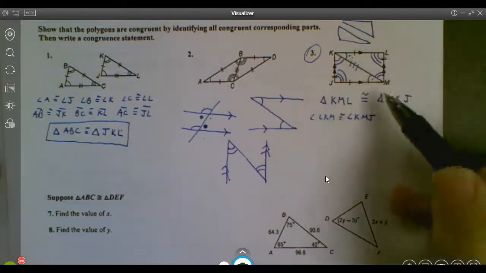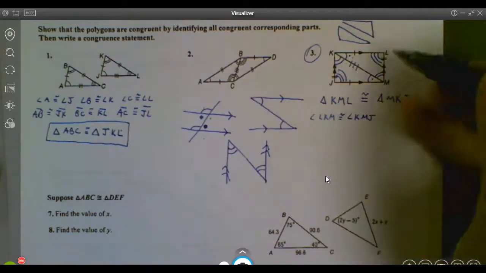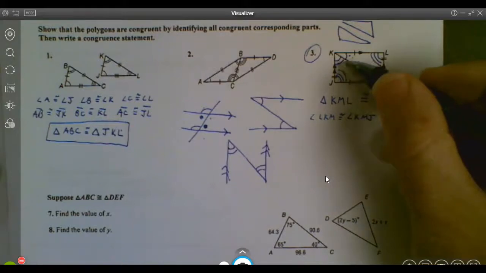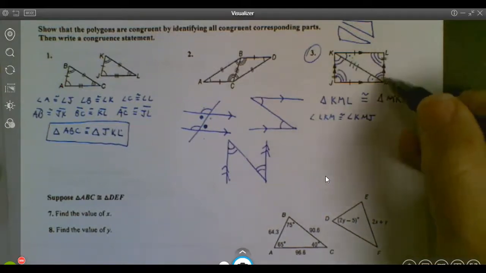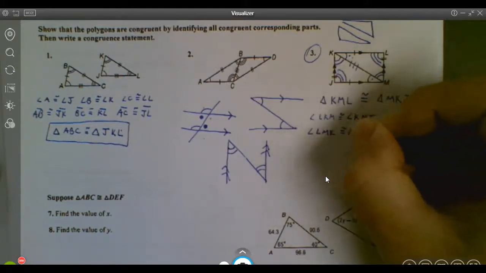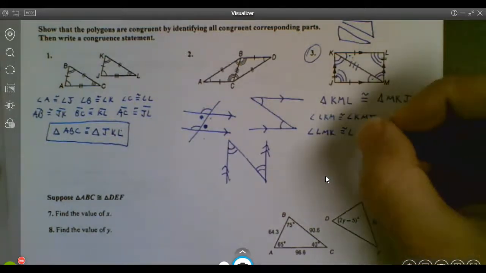And now let me look at this middle one. So M on the upper one with K on the bottom one. So I got M on the upper one, that's the double marks, going with those double marks. So I'm going to call this one LMK. So LMK would correspond to JKM.